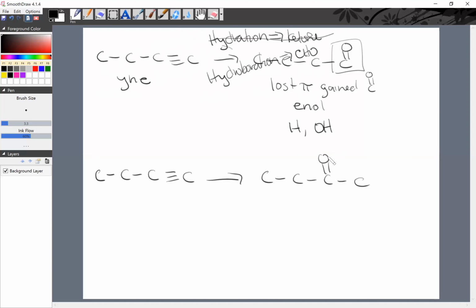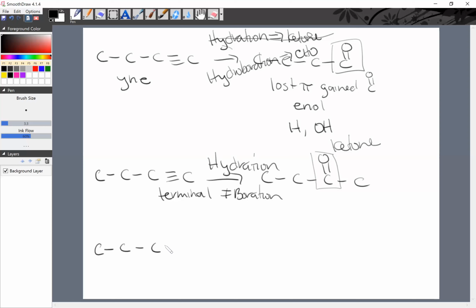The same thing, but you made a ketone. Because it was terminal, you can't use hydroboration, because that would have given you an aldehyde. So you're going to have to use hydration. Not done yet. Another compare and contrast.